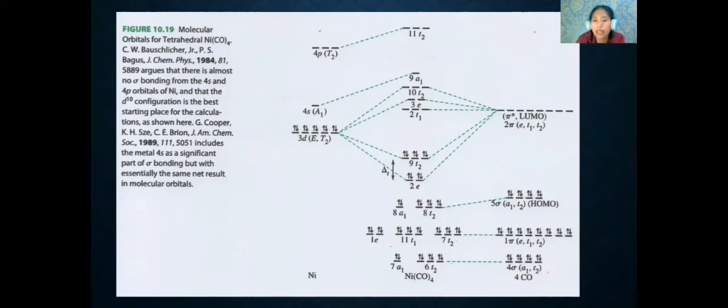LUMO is the ligand unbonding molecular orbital, and then the HOMO is the higher orbital.